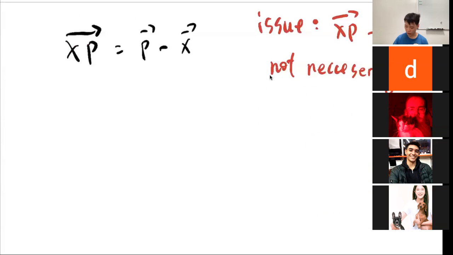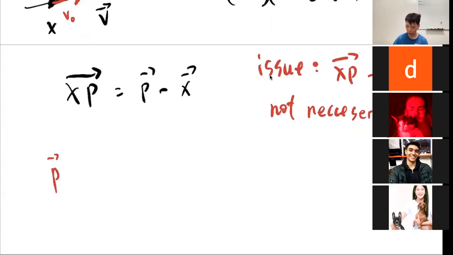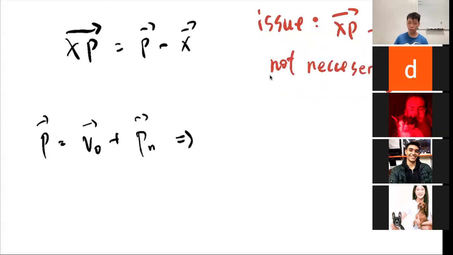Let's say the projection is V naught, and the orthogonal vector is Pn. So P equals V naught plus Pn. Actually, Pn is what we want. So Pn is P minus V naught.